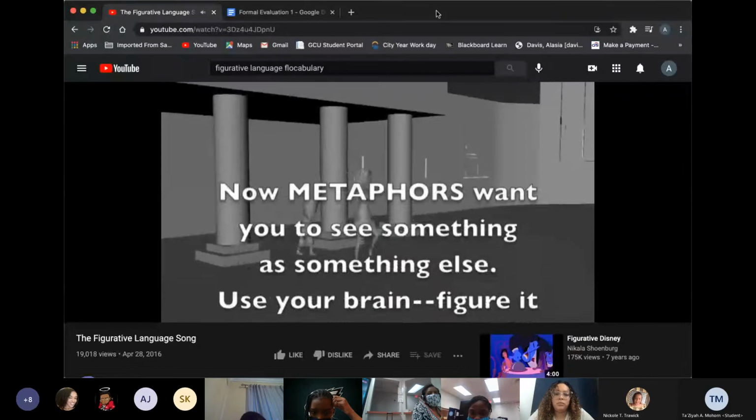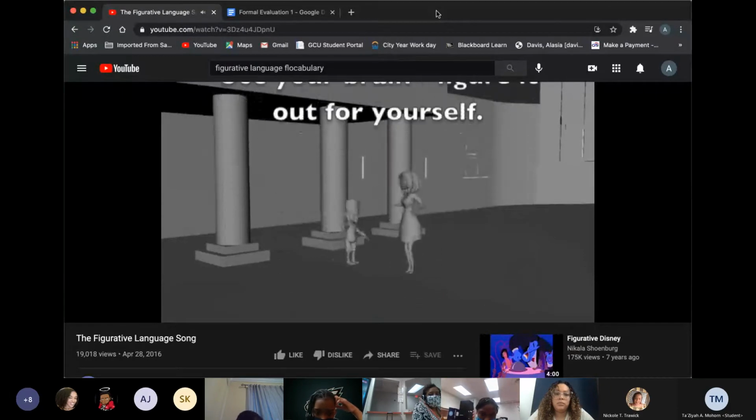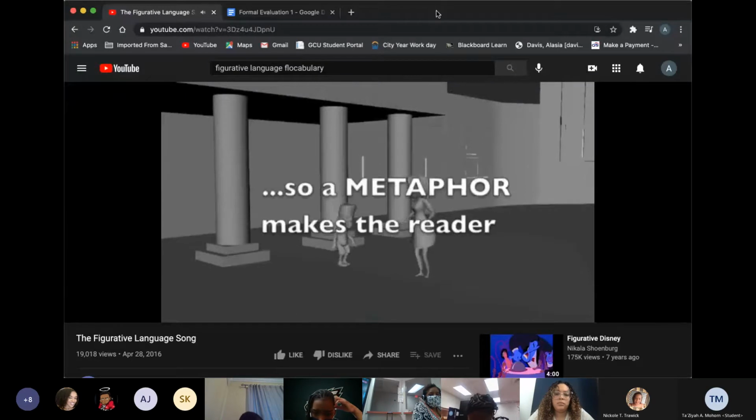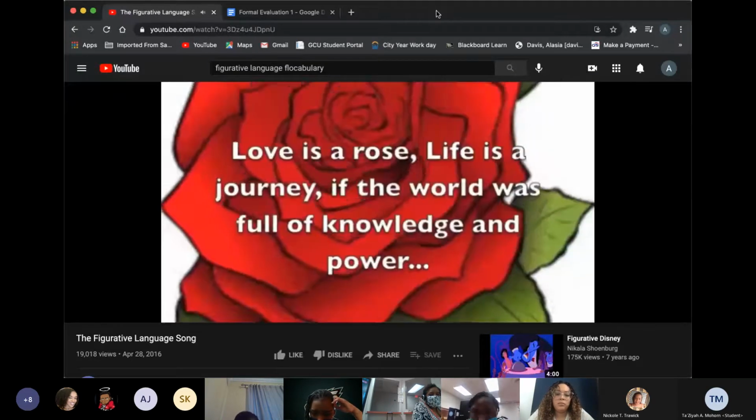Use your brain, figure it out for yourself. So a metaphor makes the reader think a little bit deeper. Love is a road, life is a journey.